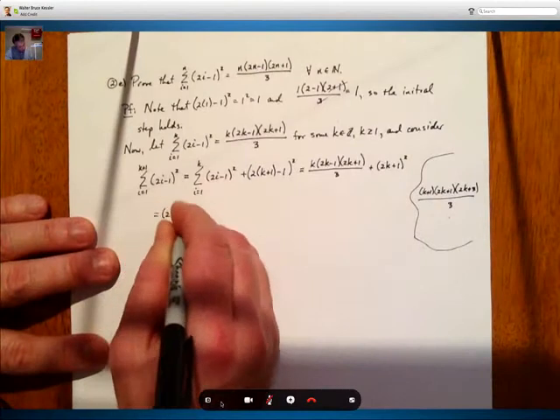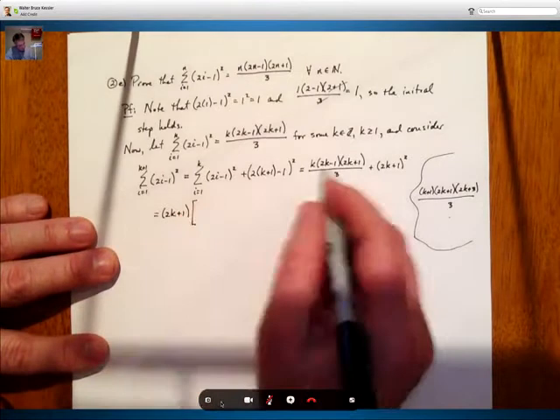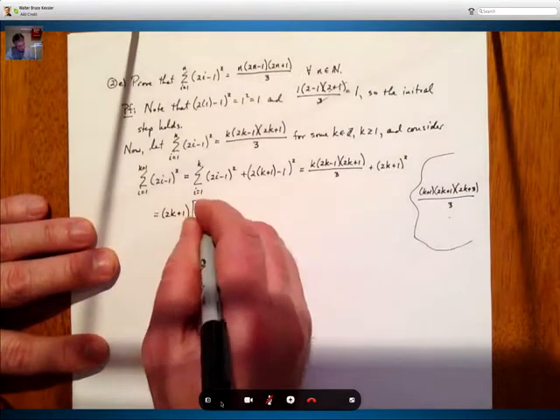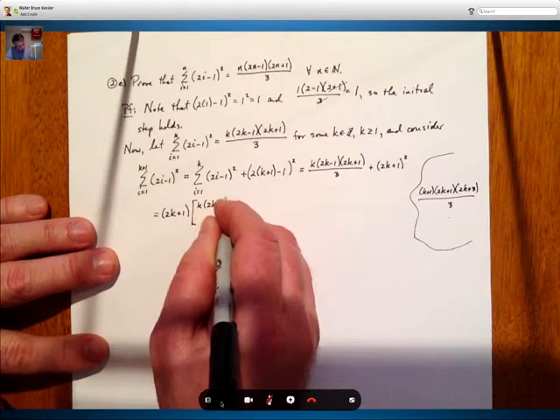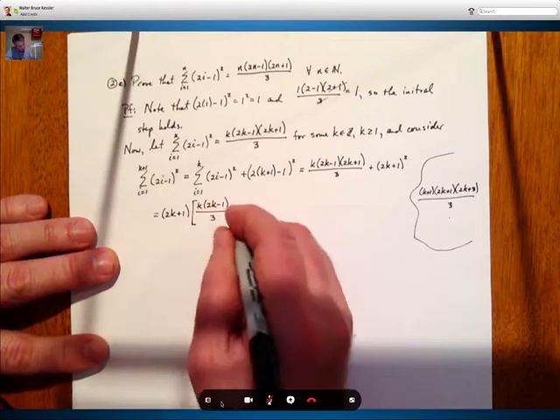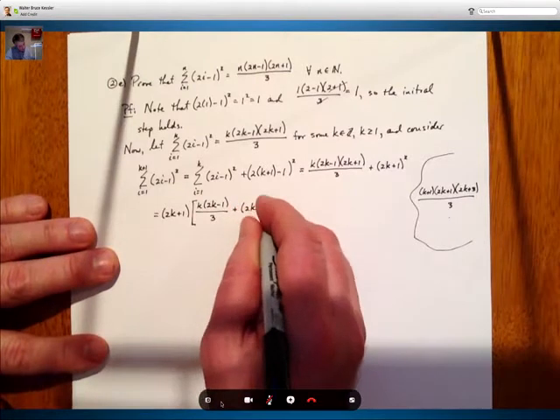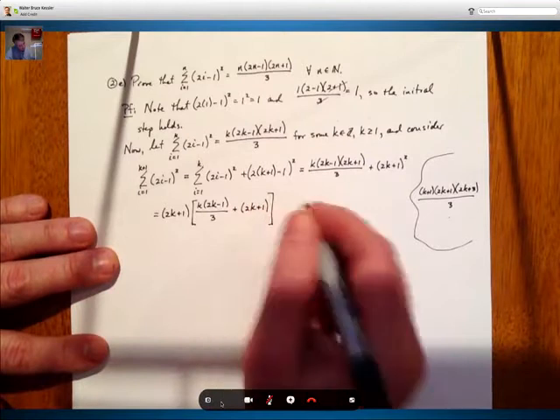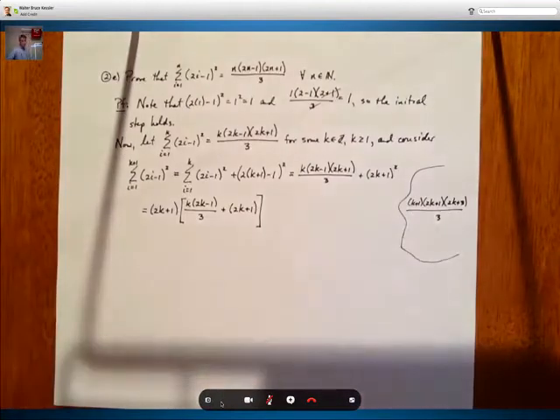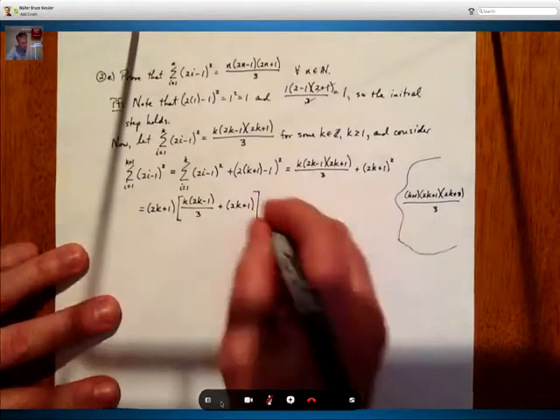Let me go ahead and get this 1 factor of 2k plus 1 out of here. And so that leaves me with k times 2k minus 1 over 3, and then plus just 1 factor of 2k plus 1. So a couple things need to happen. We need to multiply out that numerator.